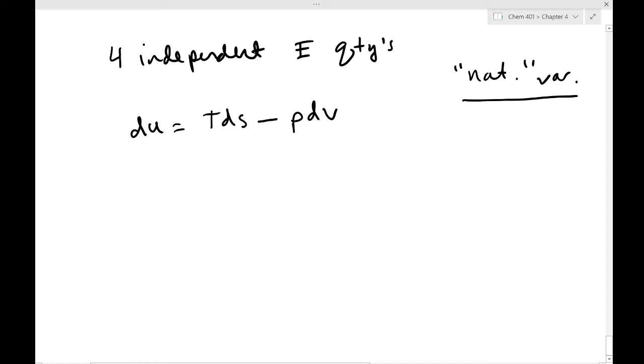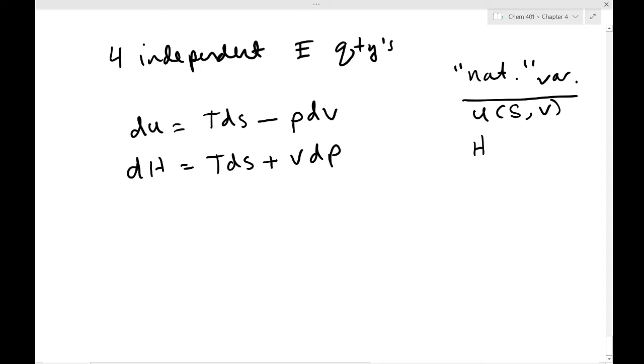Then the natural variables: in this case, U is a function of S and V. dH is T dS plus V dP.